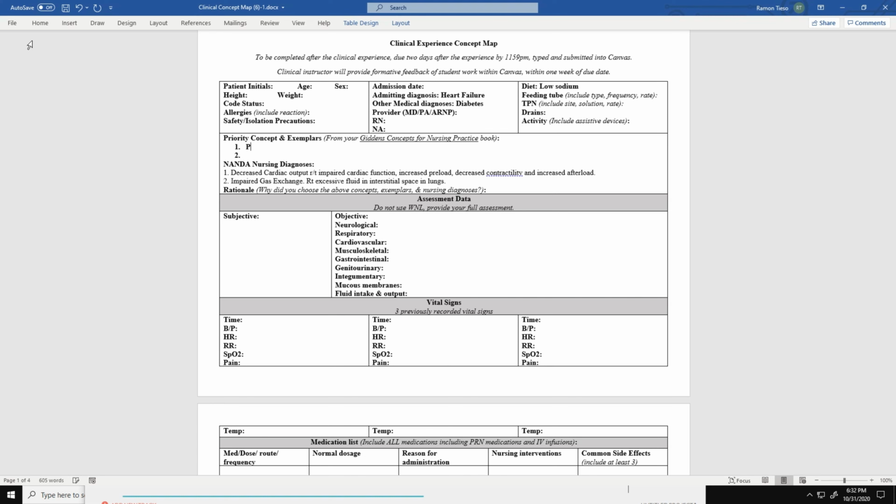I didn't put them up here at the top for our Giddens concept. So up here we'll go perfusion, exemplar heart failure. And then down here, we said gas exchange was the concept, and the exemplar is pulmonary edema.